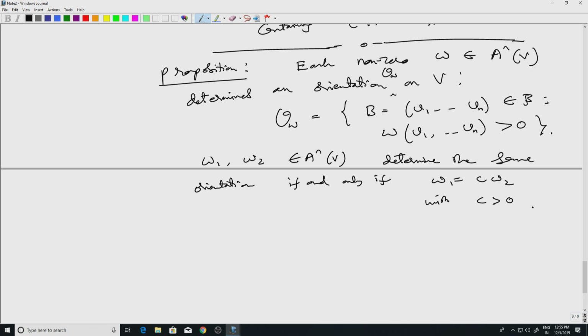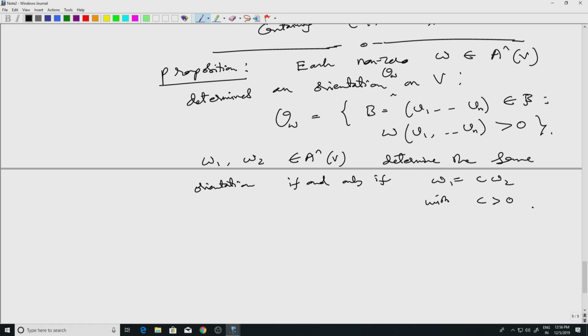So in short, the choice of a non-vanishing n form will give us an orientation. We know that A^n(V) is one dimensional, so any two n forms are scalar multiples of each other. But they determine the same orientation if and only if they are positive multiples of each other.